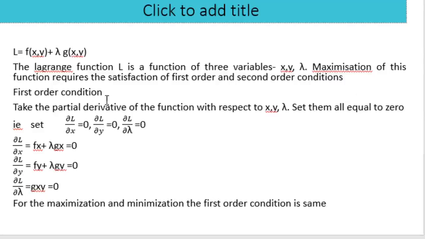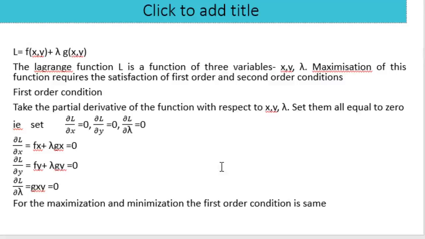The first order condition is that the first derivatives equal 0. That is, take the partial derivatives of this L function with respect to x, y and lambda and set them all equal to 0. That is, find dou L by dou x equal to 0, dou L by dou y equal to 0, dou L by dou lambda equal to 0.